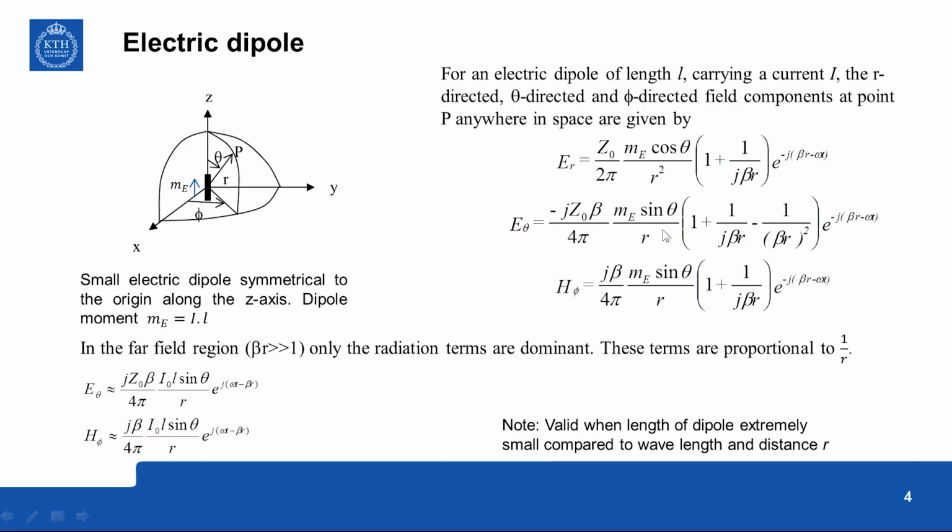So here you have one term that is varying as 1 over r, and here also you have one term varying as 1 over r. So these fields are more dominant far away from the dipole. So let us look at the expressions for those fields. So E theta and H phi, and they are orthogonal to each other, these two terms.